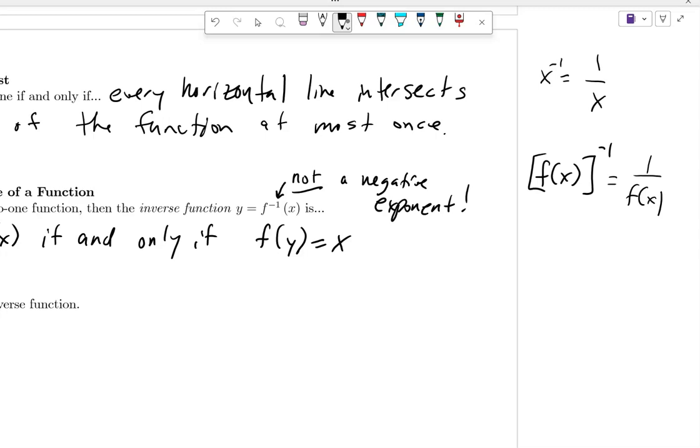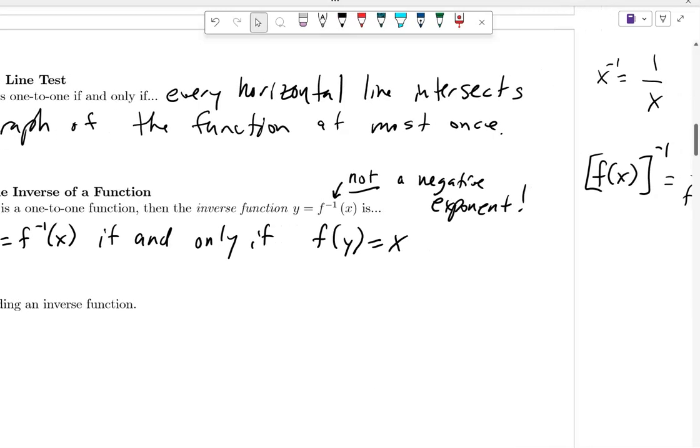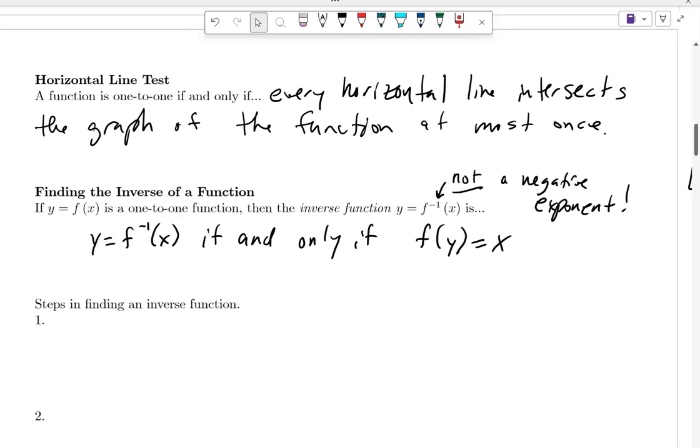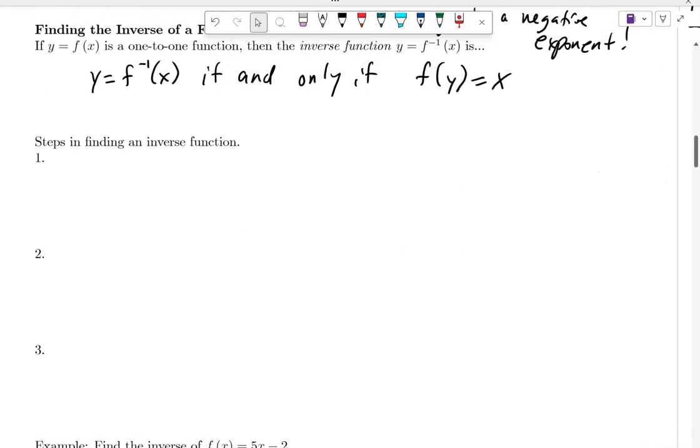All right. How do we find inverse functions? That's kind of the point of this whole section. So the first thing we're going to do is interchange all x's and y's.